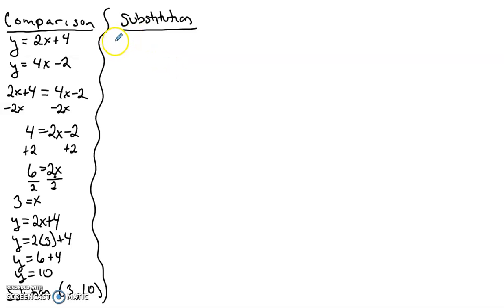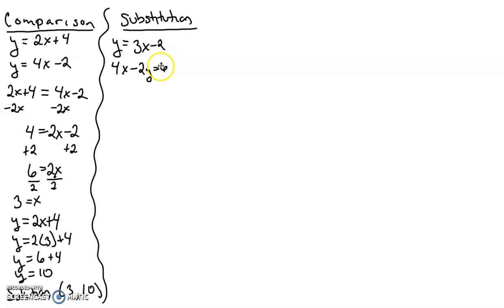So an example might be y equals 3x minus 2. And for our second equation, maybe we have 4x minus 2y equals 6. So see how this top function already has y by itself, and then ax plus b on the other side. What this means is that y is the exact same thing as 3x minus 2.